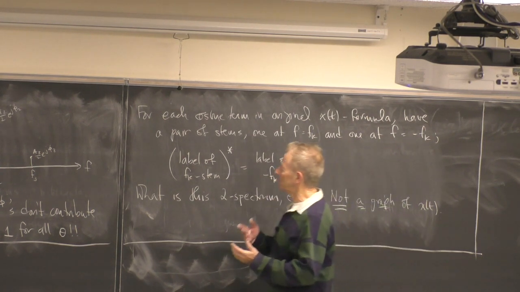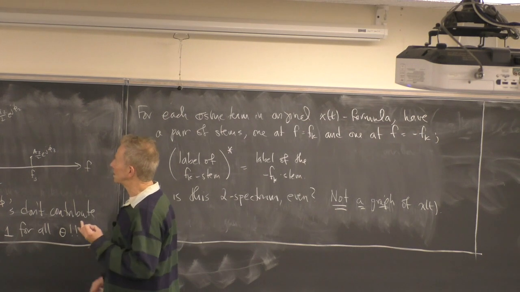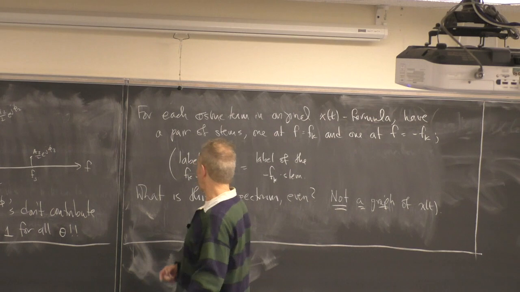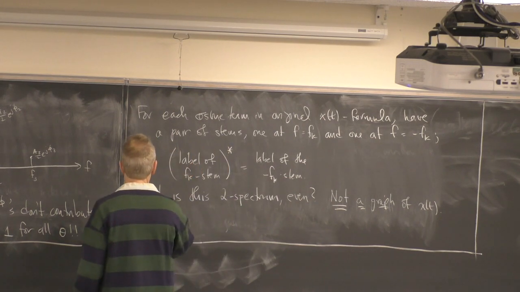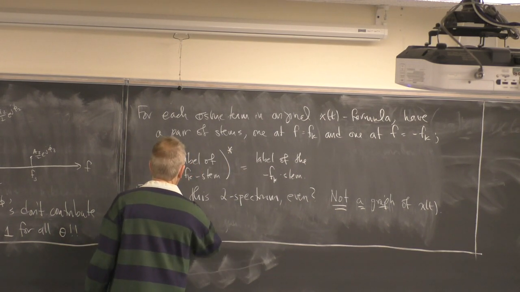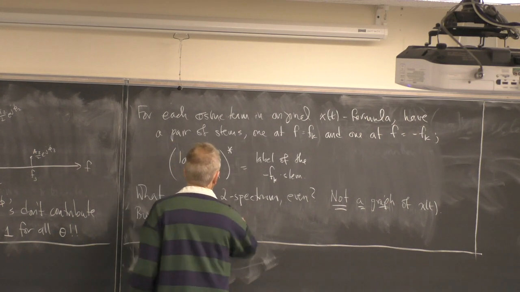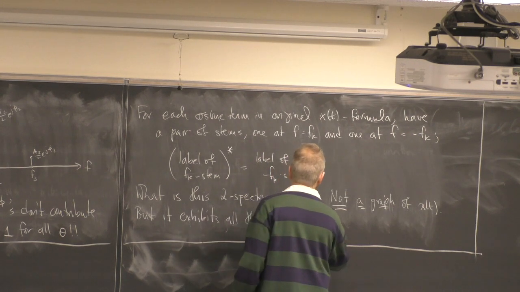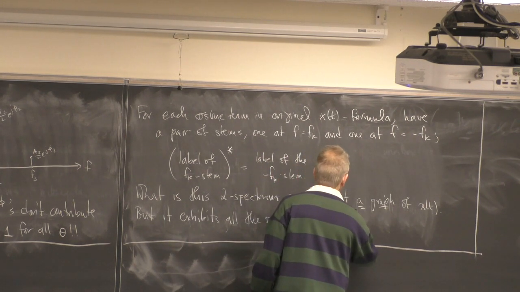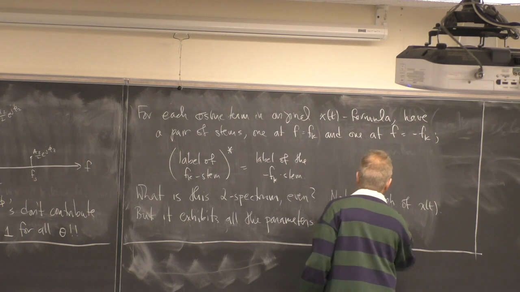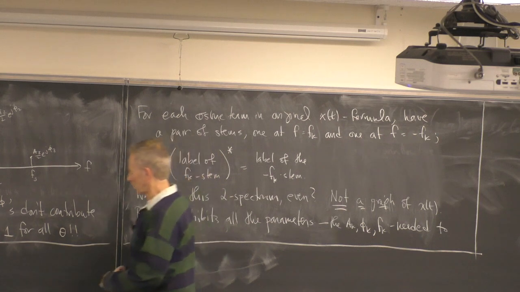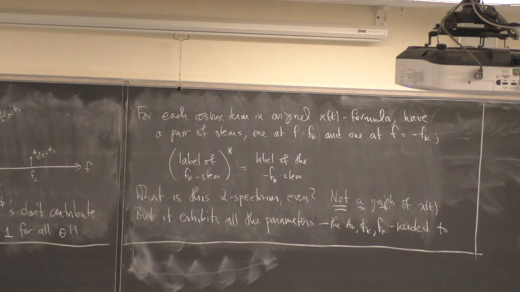It exhibits all the a's, all the phi's, and all the f's. And those are exactly what you need to describe the signal x of t. So it exhibits all the parameters, the ak, phik, and fk needed to describe x of t. Because remember, x of t is just this.